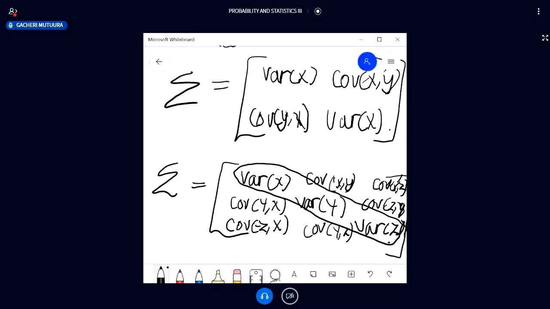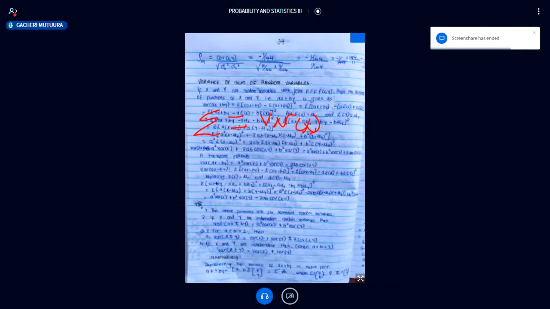So a matrix that represents the variances and covariances is what we are calling the variance covariance matrix. So in short, using the matrix format, we are now just going to break down our ax plus by. It will be written in the format I've told you, that is (a, b) into (x, y).